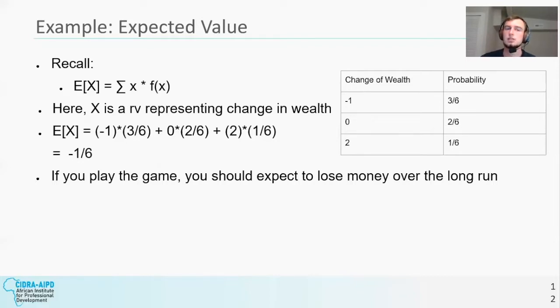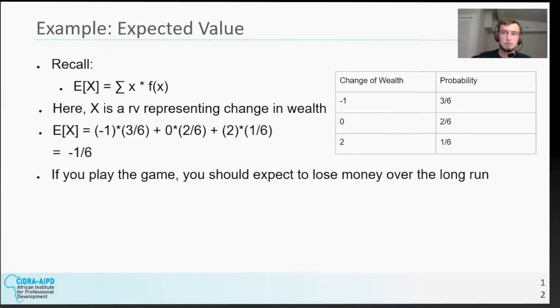So the expected change in wealth is -1 times the probability of that happening, 1/2, plus 0 times the probability of no change in wealth, 2/6, plus 2 times the probability of our wealth increasing. If we do the math, our expected change in wealth is -1/6. So if you play the game, you should expect to lose money in the long run. You probably shouldn't play this game.